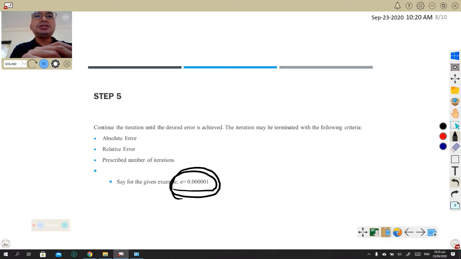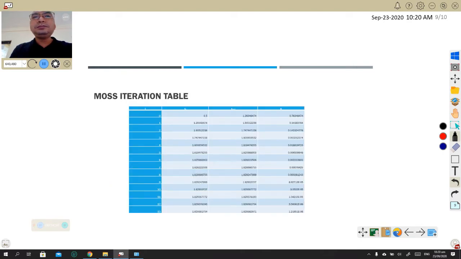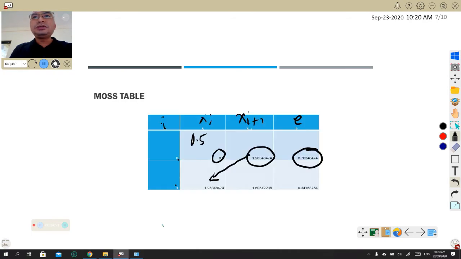Errors can be an absolute error, a relative error, or there can only be a prescribed number of iterations. In this example, we are given an absolute error which is required for the equation, which is 0.001. So that's why we need to continue to solve the equation.